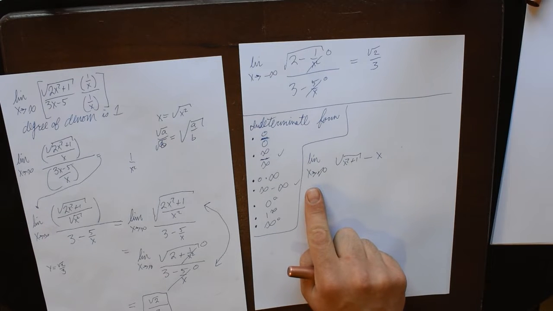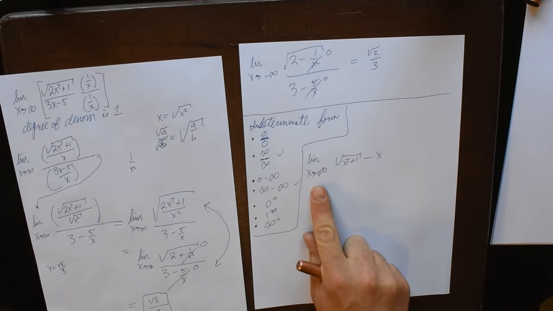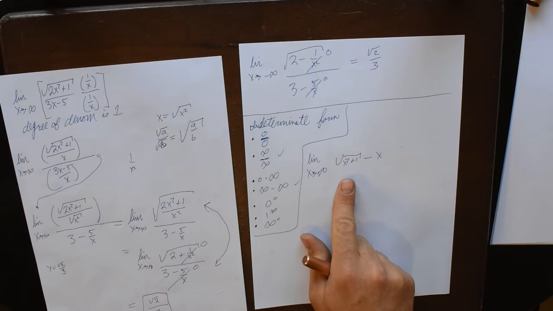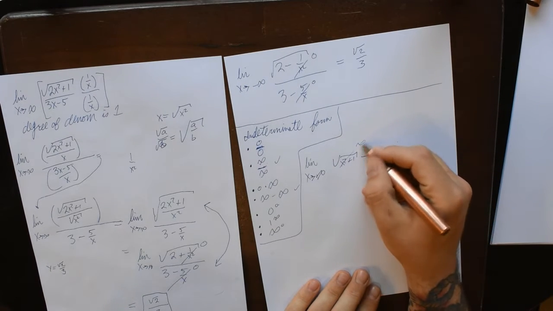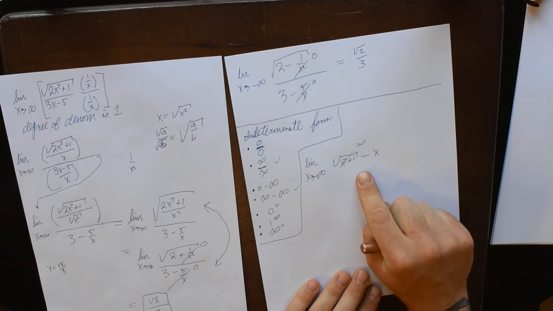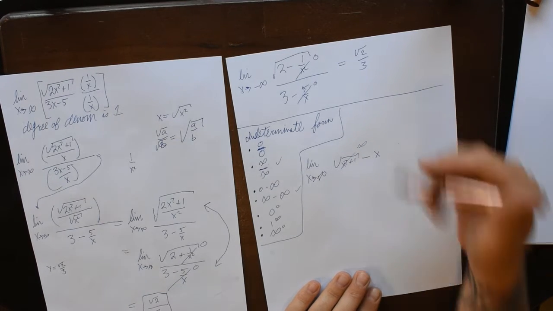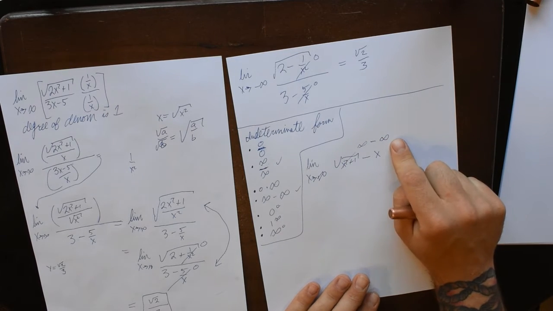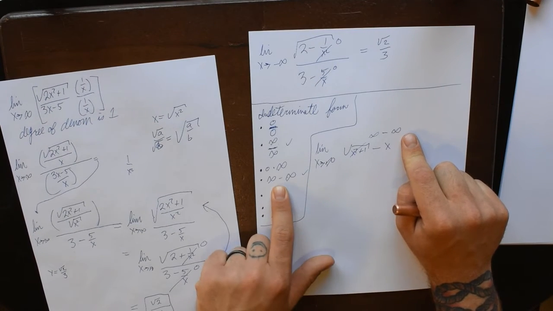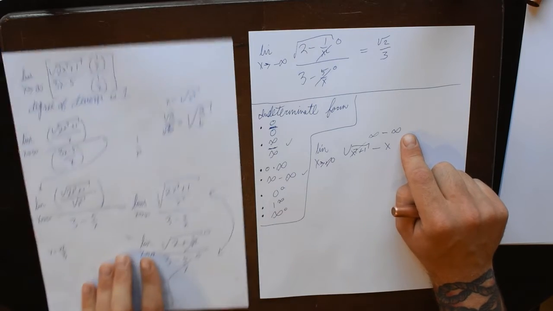If we were to try to immediately, directly plug this bound in, well, as x increases without bound, x squared plus 1 square rooted is going to increase without bound. This will tend to an infinity. Similarly, as x increases without bound, x increases without bound. So that too tends to an infinity. And infinity minus infinity is one of our indeterminate forms.